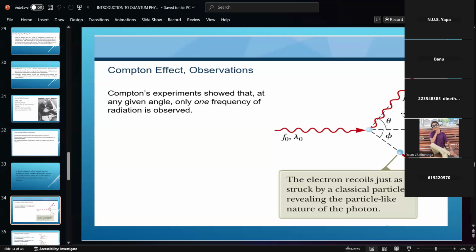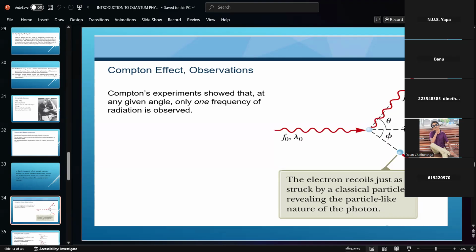The angle between the x-axis and the scattering direction is theta, right? The scattered photon's frequency is f dash and its wavelength is lambda dash. Then the photon transfers energy to the electron during the collision.